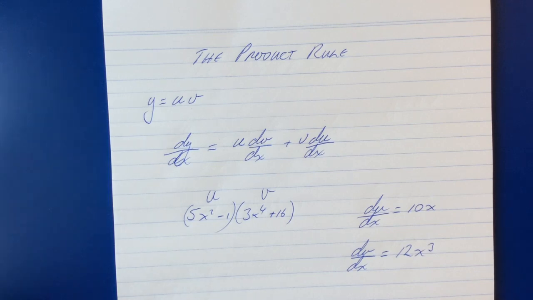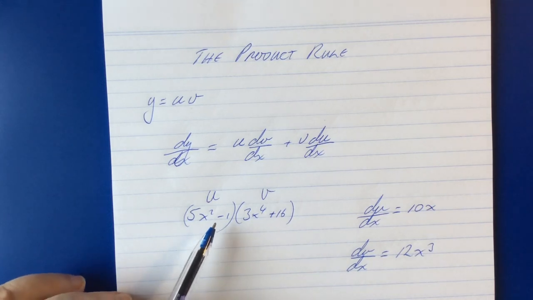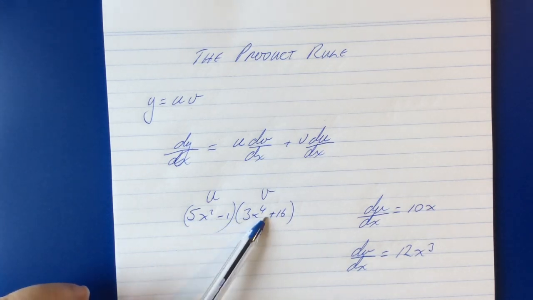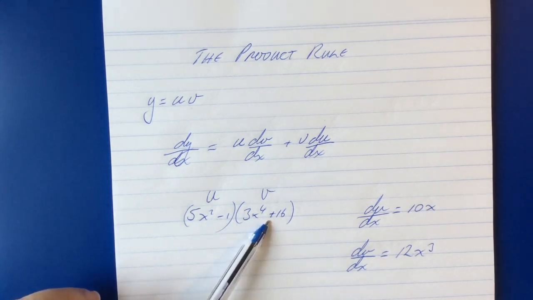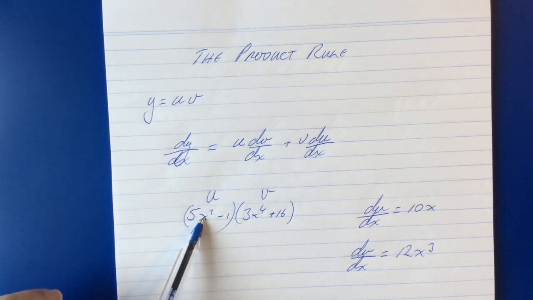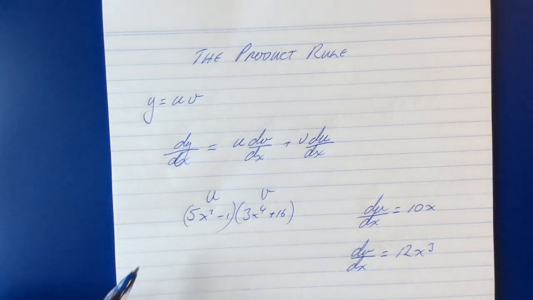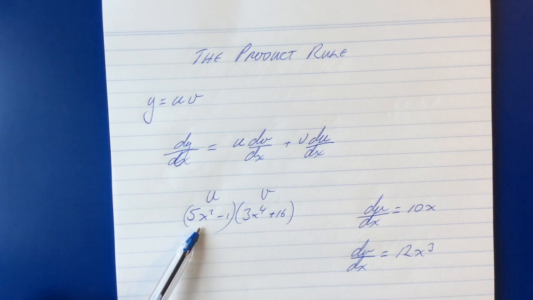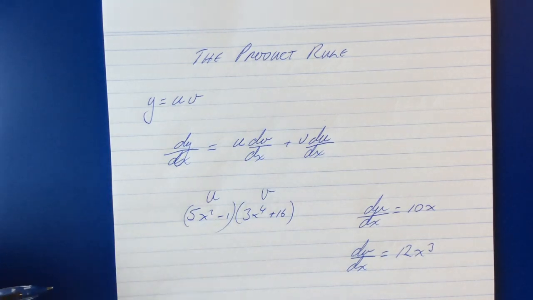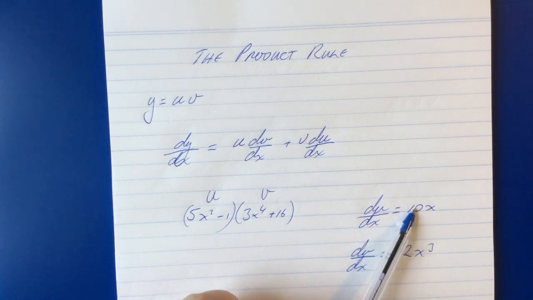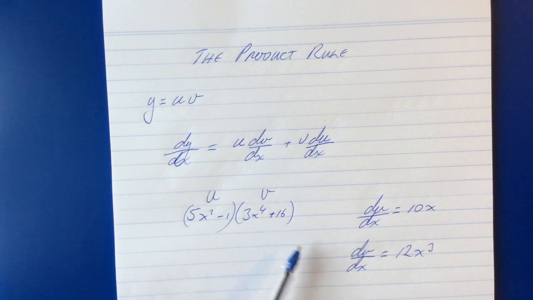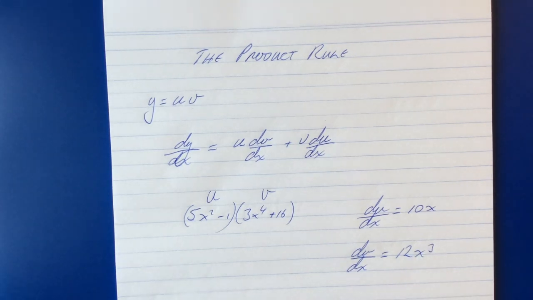And obviously what the product rule is designed to do is to find the derivative of this expression without having to multiply this expression out, which would not be impossible at all, and then find the derivative. Anyway, so just quickly, du/dx is 10x, and dv/dx is 12x cubed. Now, I hope that none of that is controversial.